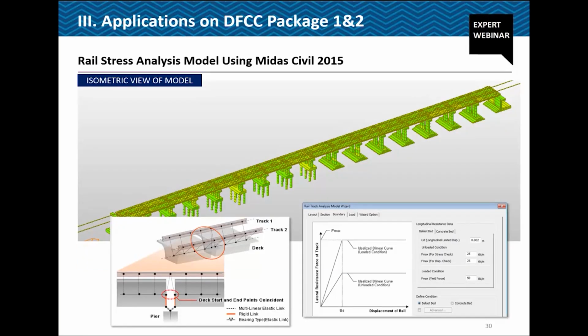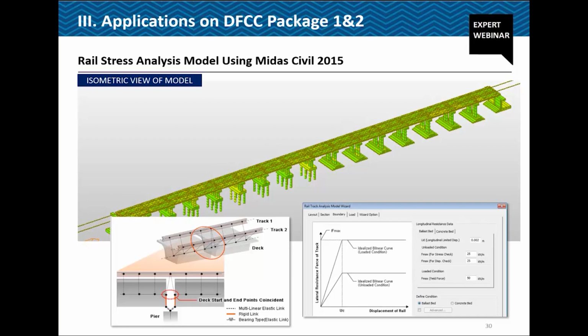And this is one model we are doing. Using MIDAS Civil, we demonstrate two tracks, left one track and another track. We have a pile foundation substructure here, whereas on the right side we have an open foundation. This is a MIDAS snapshot.